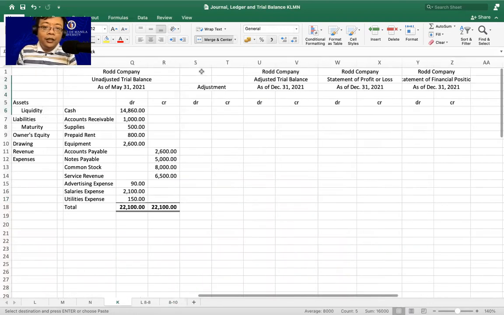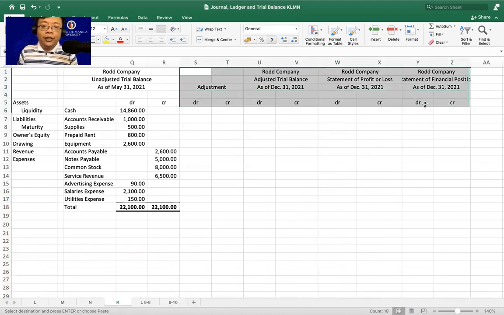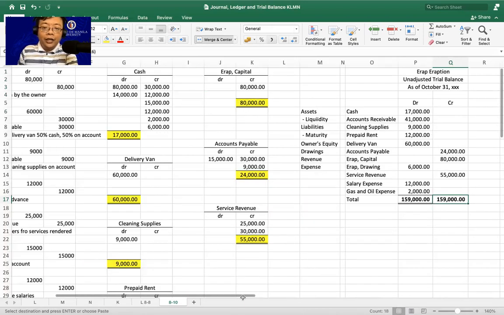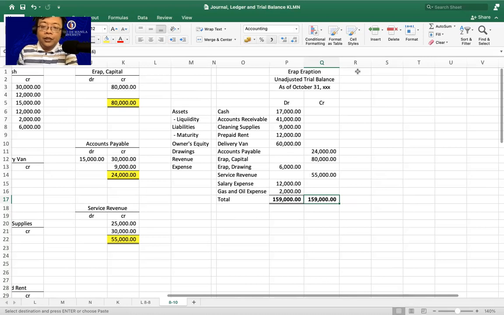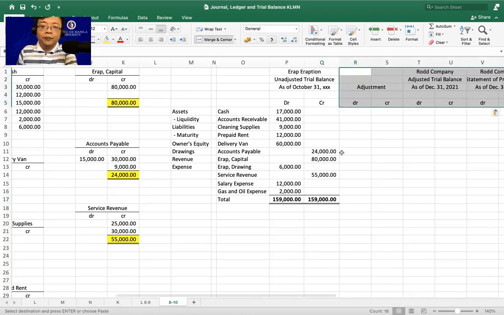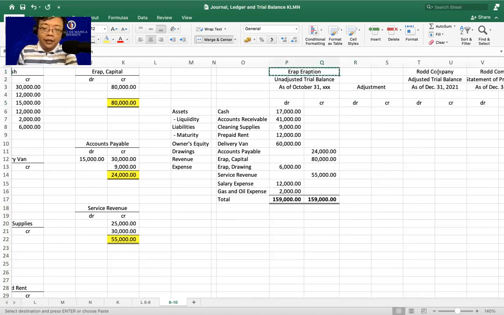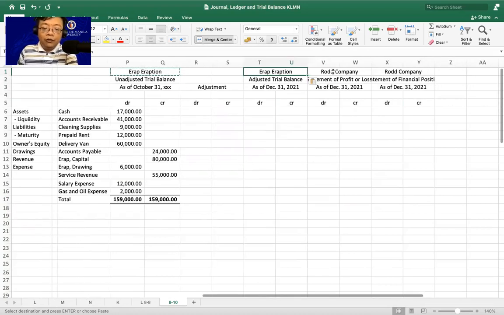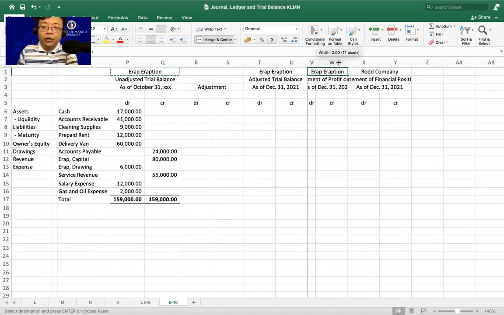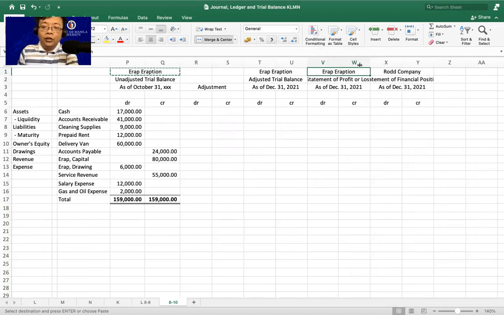As part of the worksheet, this is what we will do, one by one. After our trial balance, the next step is your adjustment, and also your adjusted trial balance, and also the statement of profit or loss, or your income statement.